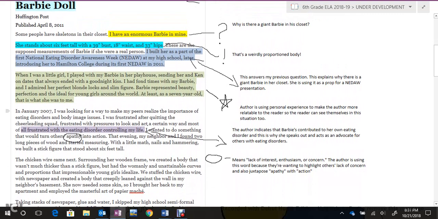Here, another comment. You can read that. And then I put "apathy" because I know what that means, but you might not. I circled that, and it means lack of interest, enthusiasm, or concern. The author is using this word because they want to highlight others' lack of concern and also juxtapose apathy with action.